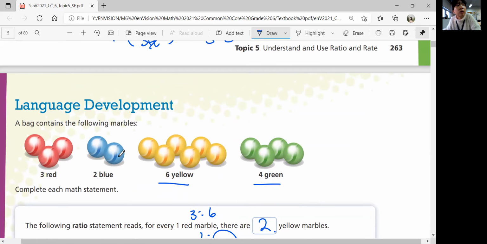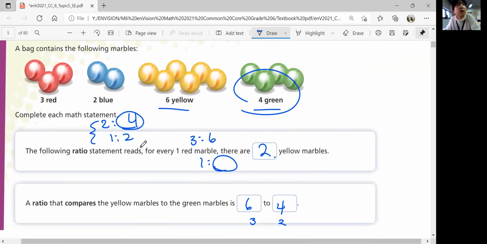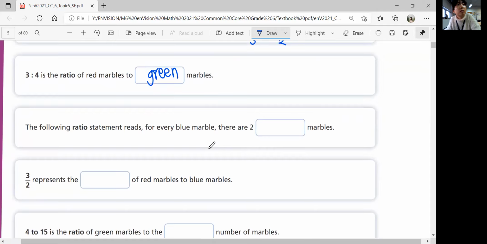For every blue, there are 2. So it should be a 1 to 2 ratio. They should be equivalent. So 2 times 2 should be 4. So that is green. For every 1 blue marble, there are 2 green marbles.